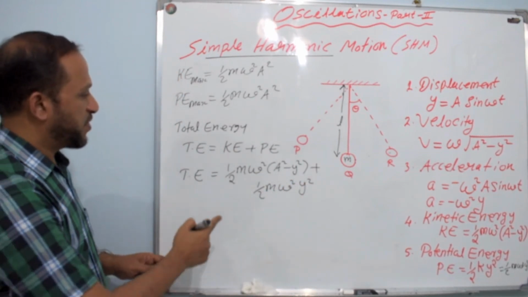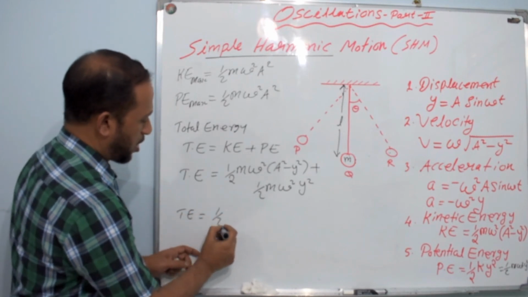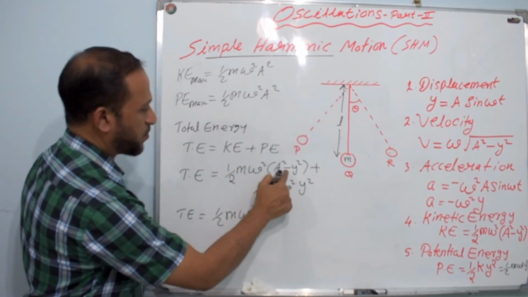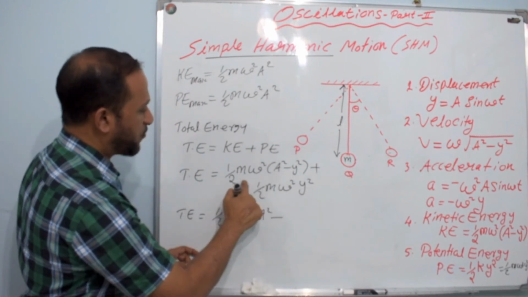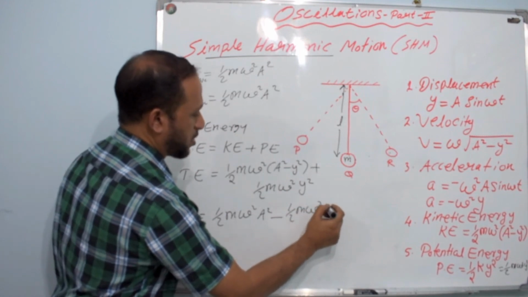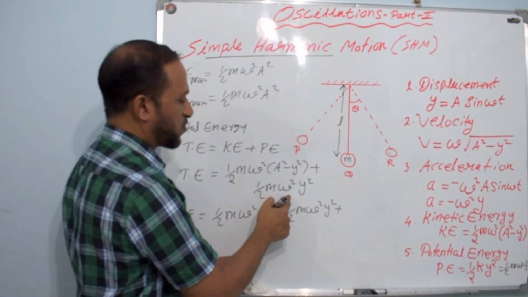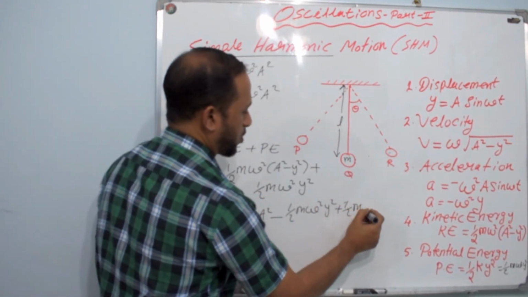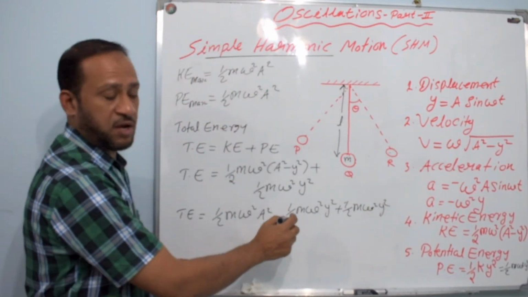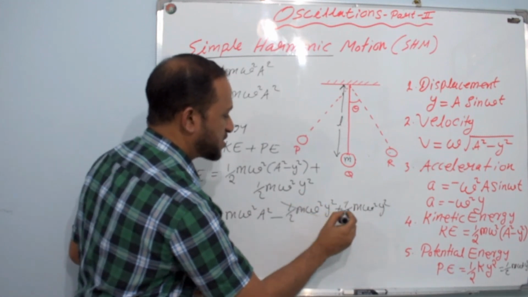So we can see here, when we expand this equation, total energy is equal to half m omega square into a square, opening the bracket, minus half m omega square into y square, plus half m omega square y square. This minus half m omega square y square and plus half m omega square y square get cancelled.